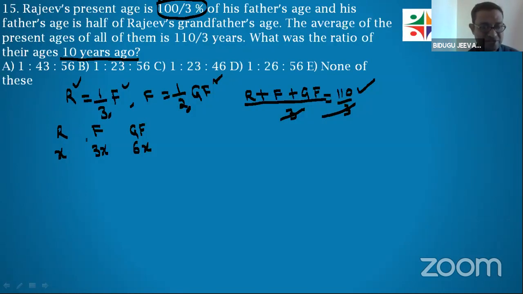The assumption has to satisfy the given question. The sum of these three is 10x, which is equal to 110. So the x value is 11.